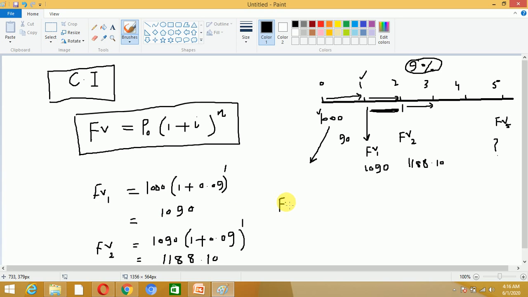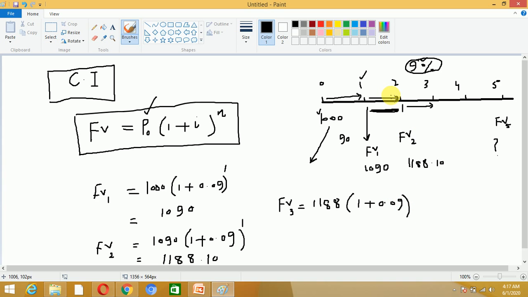Future value 3 will be equal to, now what is your present value? See, this is the formula, but just the present value is going to change. This is 1188. I'm not taking the 0.10. 1 plus I. Now from 2 to 3 you will get an interest of 9%, so 1 plus 0.09.